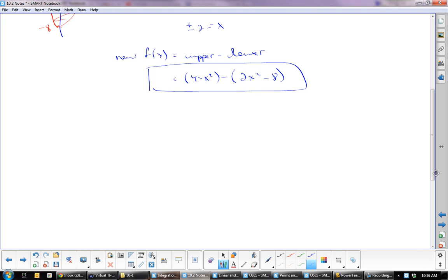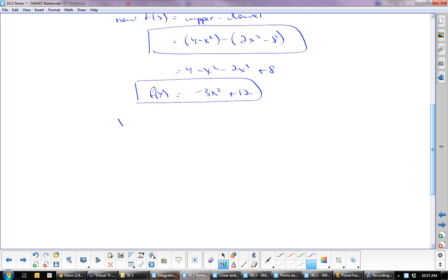Okay. So when we do this, we get 4 minus x squared minus 2x squared plus 8 equals negative 3x squared plus 12. Okay, that's our f of x.